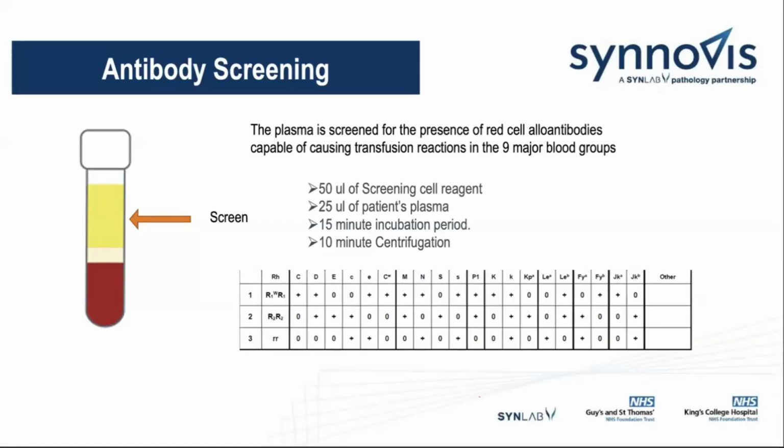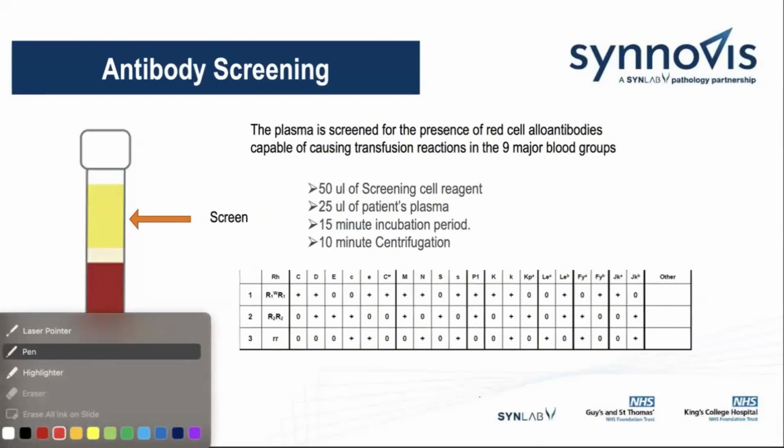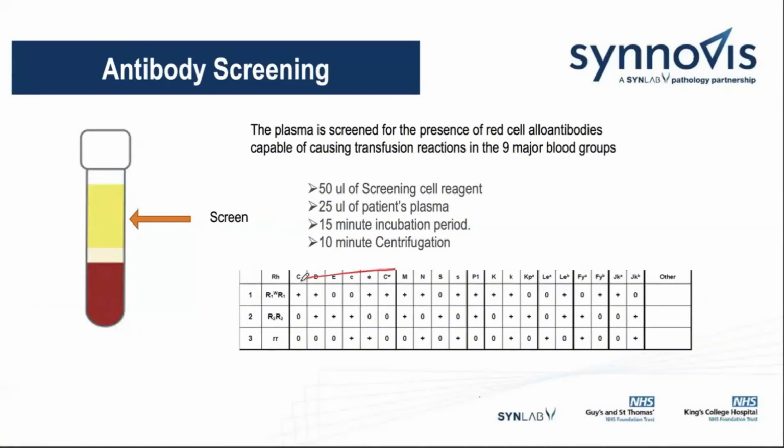You can see on that screen that they've been grouped together into each of their families. So we have got our RH, our MNS, our Kel, Lewis, Duffy, and Kidd. They are all grouped together in their families. I've got P1 as well.